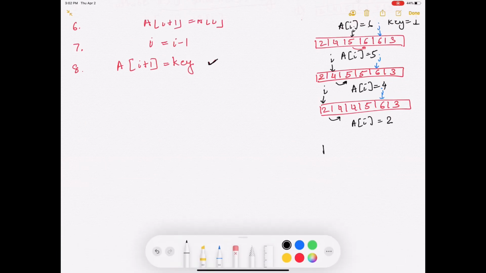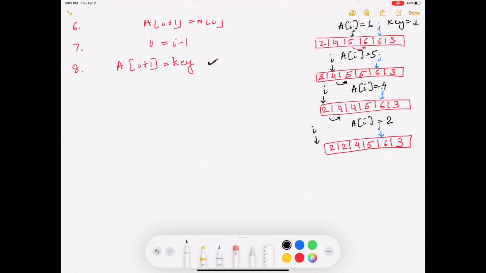I'm using so many colors, and I'm not choosing them correctly, but I just want to be consistent. So we have 2 here, then we'll copy this 2 over here. There's 4, 5, 6, and 3. So this is going to be j, and here is where your i is going to be.